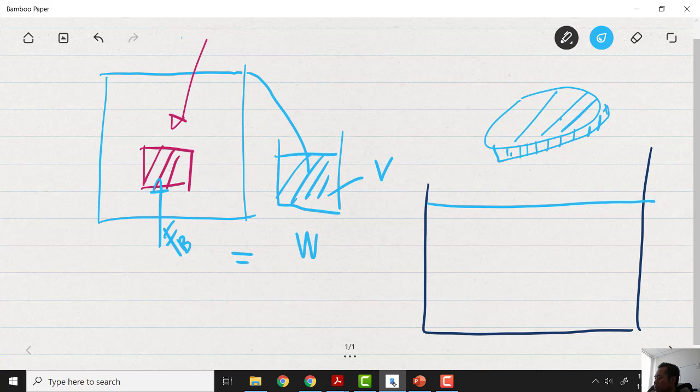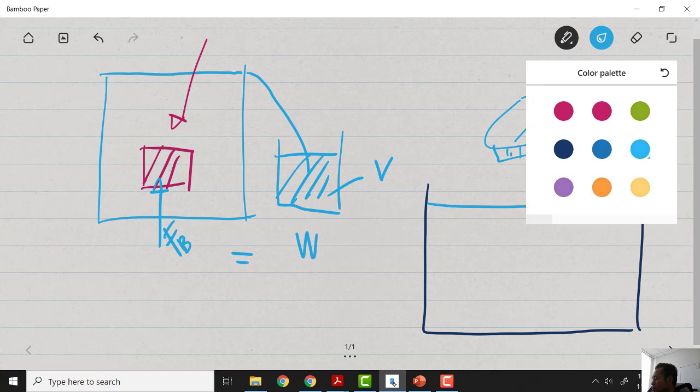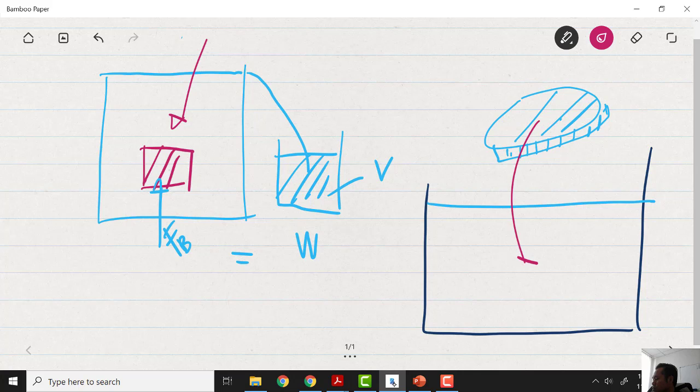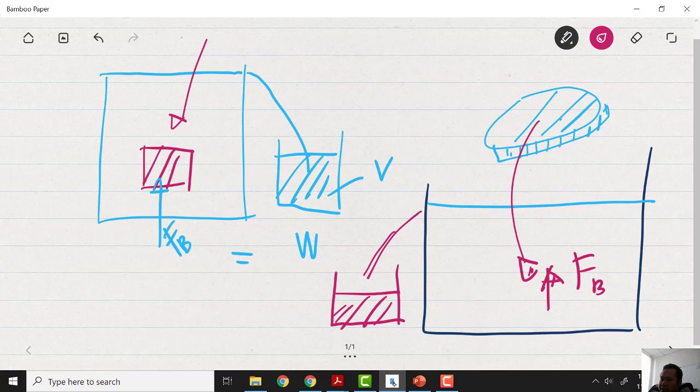You put the plate inside the tank, and the water will pour out from the tank. You collect the water that poured out and weigh it. The weight of the water displaced is the same as the force FB, the buoyant force exerted from the water on the plate. The same example as before.